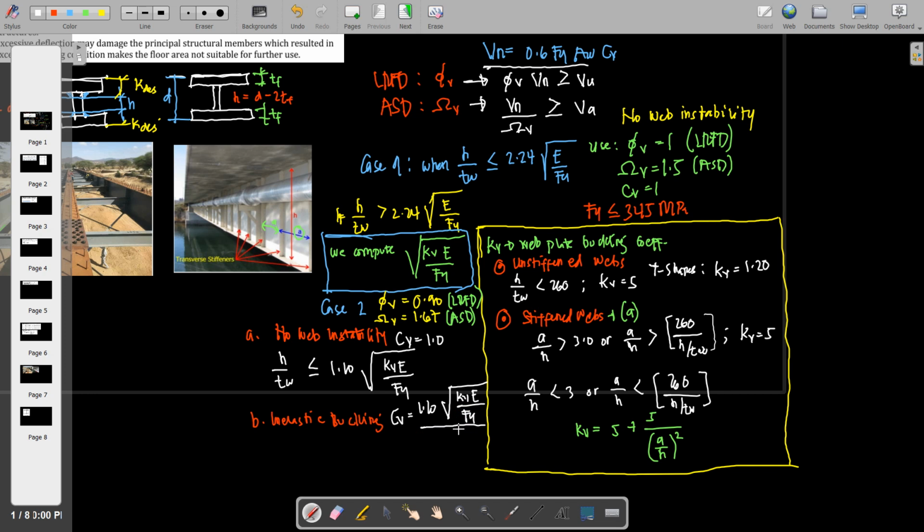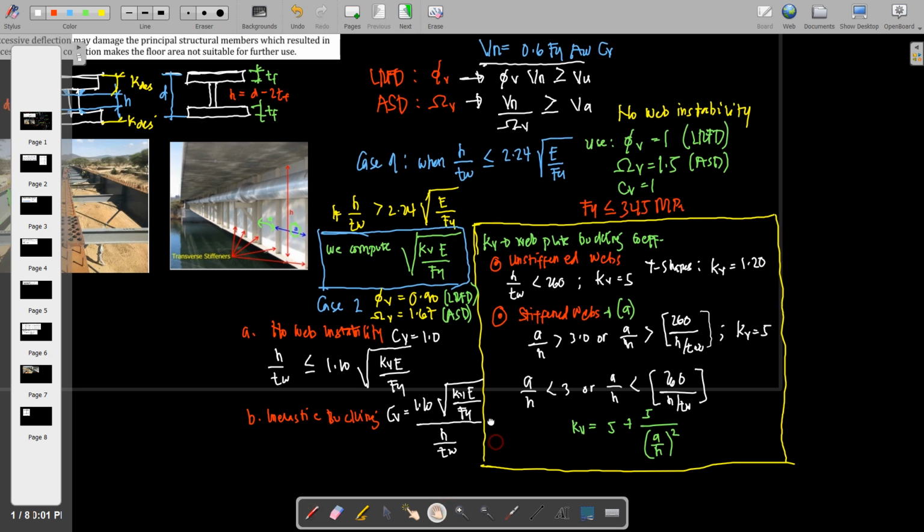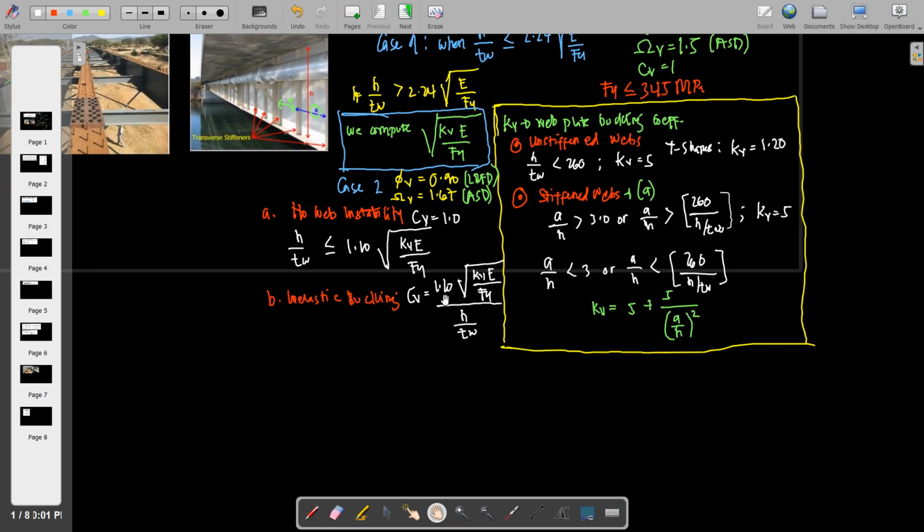Divided by H all over TW. Now, before we're going to use this one, we should satisfy the equation that 1.1, ito, pupunta mo lang dito yan, no? Actually, pwede na lang natin kopyahin yan.